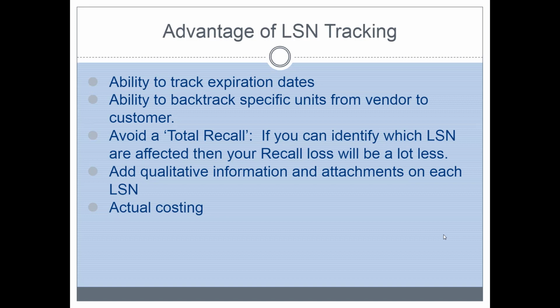Customers have reported to us a 60 to 70% reduction in recall loss. We had a coffee grinder that started to use the system, and they went from $125,000 a year in recall loss to $5,000 per year.